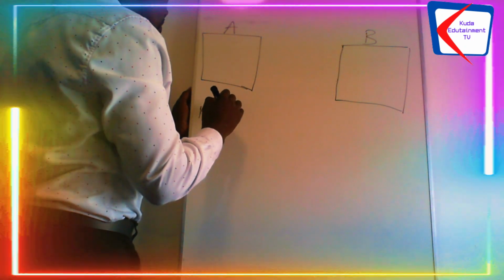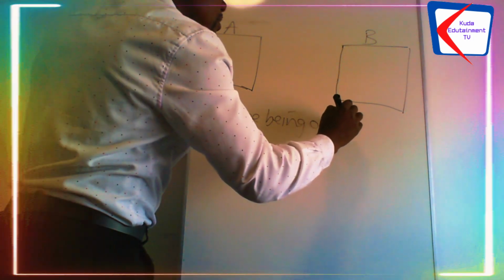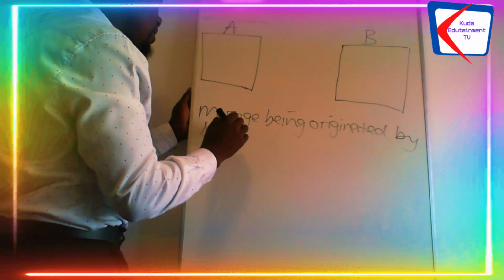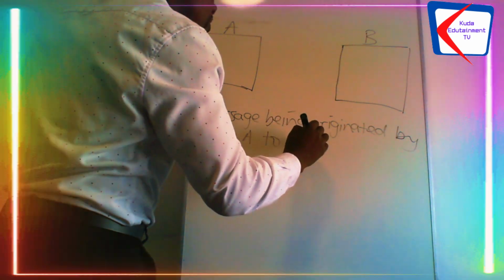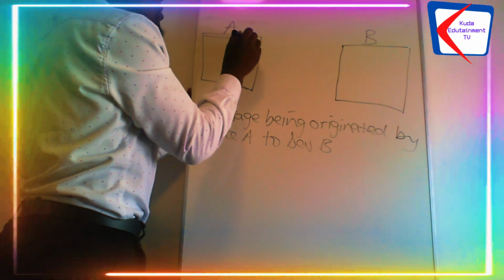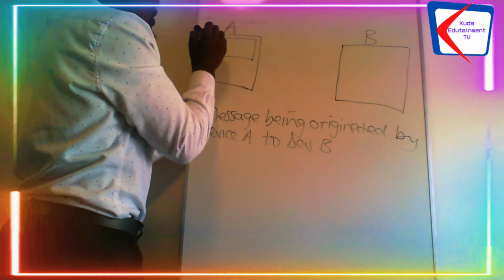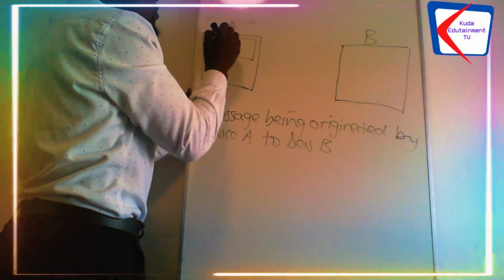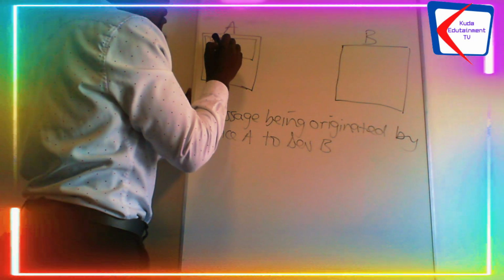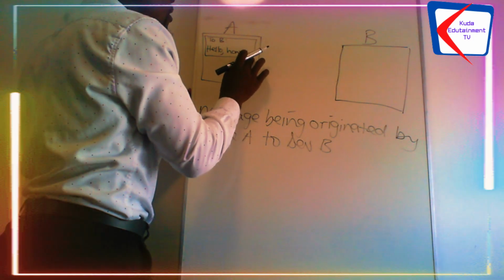Let me write this message being originated by device A to device B. So in the first instance we have a message, and this message is going to device B. So let me just say to B, this is where it is going, and then the message says hello, how are you?